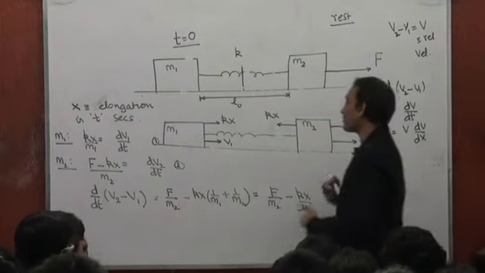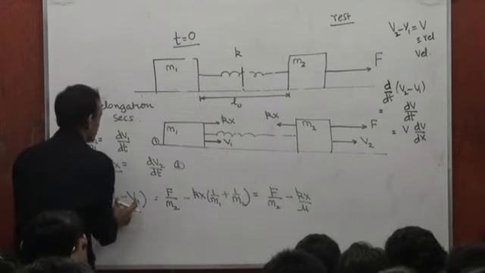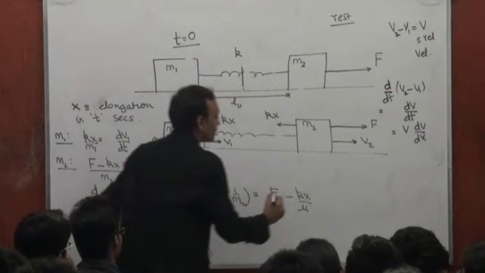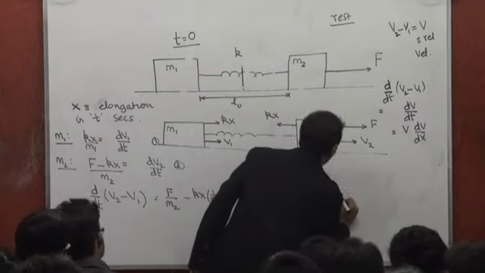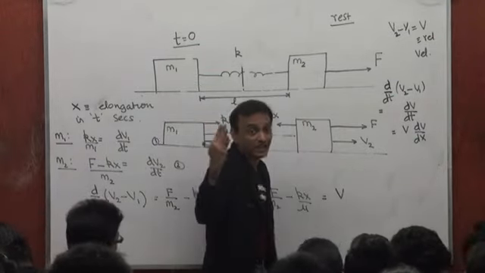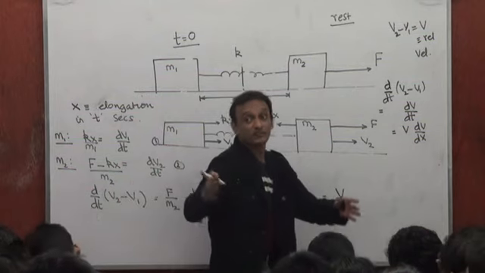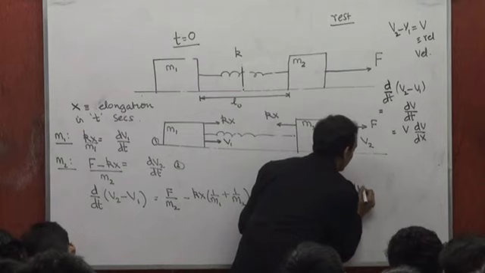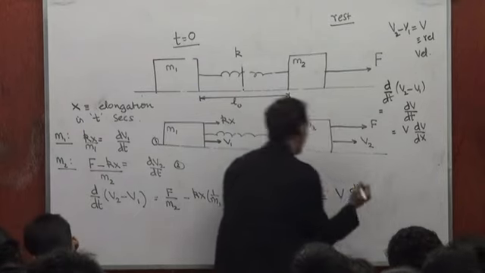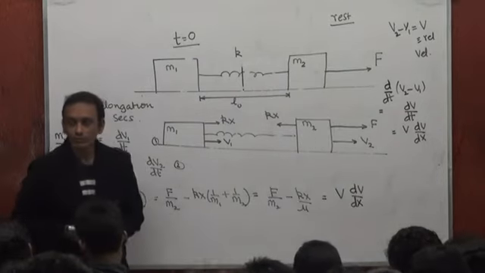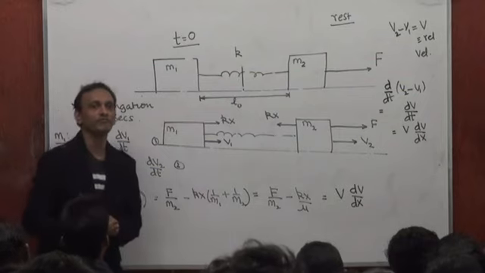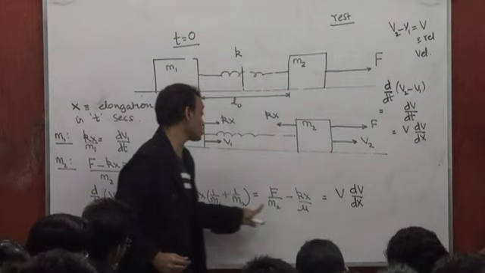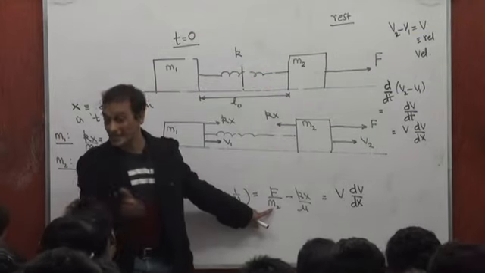Make sense? Okay. So where x is the elongation, instantaneous elongation, I write this as v dv/dx, where v is the relative velocity when the elongation is x. So we have firm ground to calculate the relative velocity as a function of elongation x by integrating this.